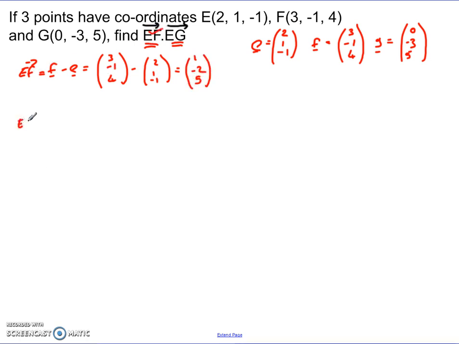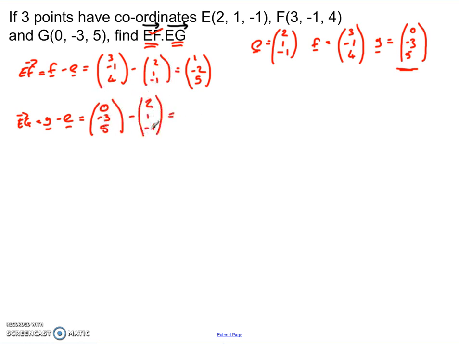What I now want is the vector E to G. For that one, similar sort of formula here, the only difference is it's the vector G minus the vector E in this case. So there's our vector G. This is the one that we want to use rather than the vector F in this calculation. So I know then it's going to be 0, negative 3, 5 as my G vector, take away the E vector which is given by this, 2, 1, negative 1.